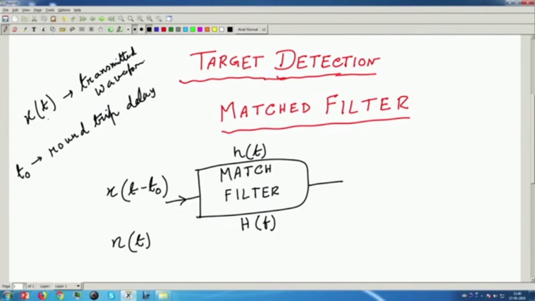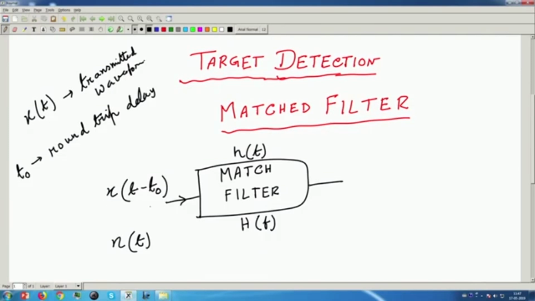Definitely there is path loss etcetera. So, the amplitude part will definitely be A. So, x(t) and x(t minus t0) are different in amplitude, but now I am not going into those details. When we take these two together, that time we will take care of that.